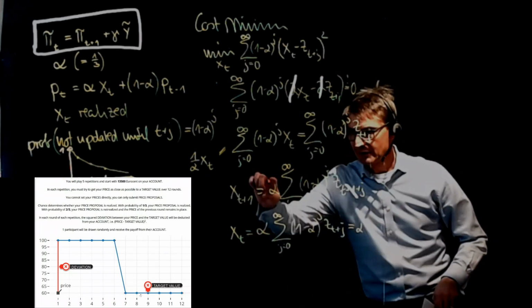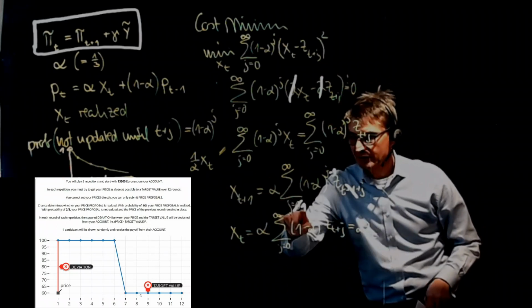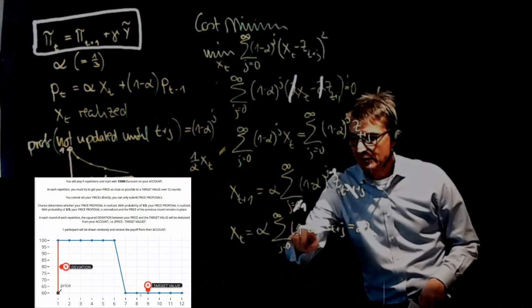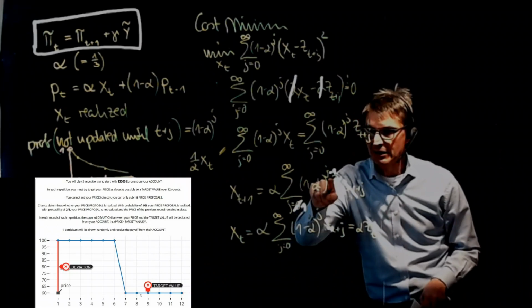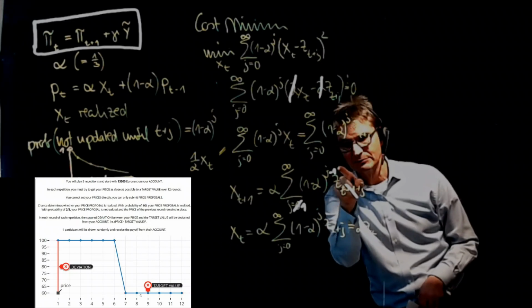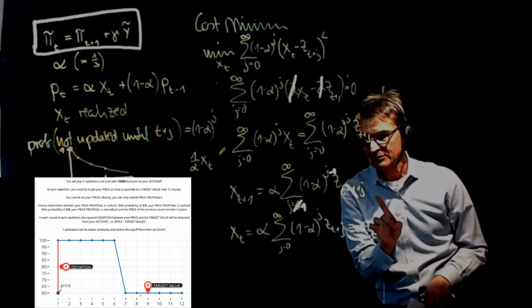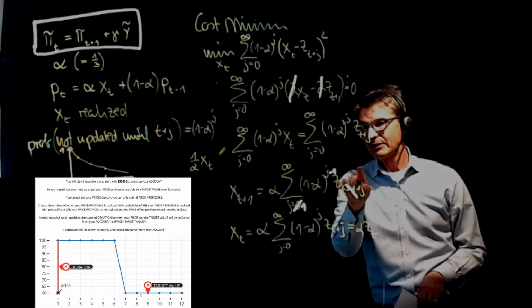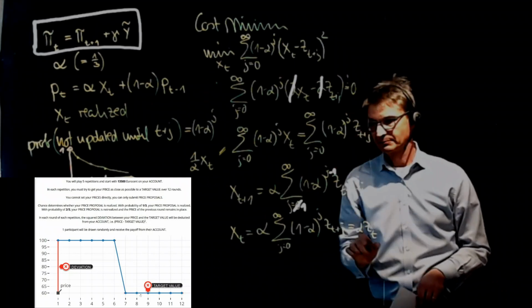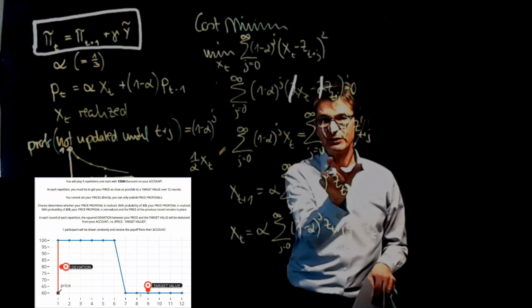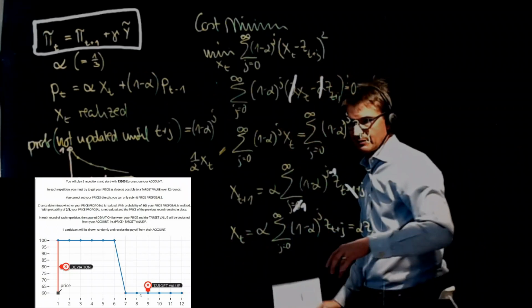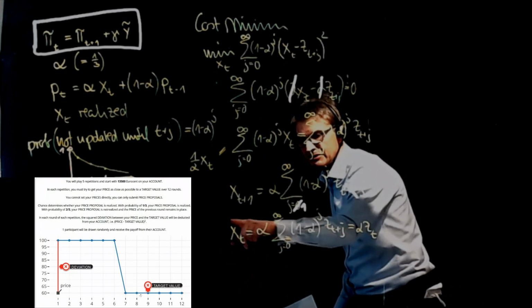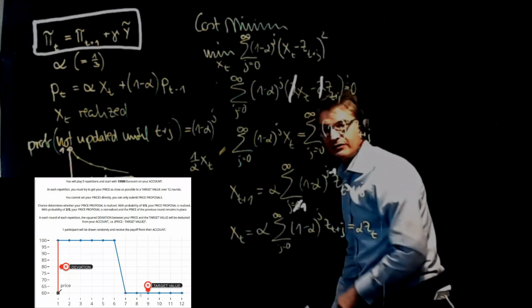The alpha, starting with a 1, starting with a 1. (1 minus alpha)^j, (1 minus alpha)^j, but here's the j minus 1. This is the only difference between the two.